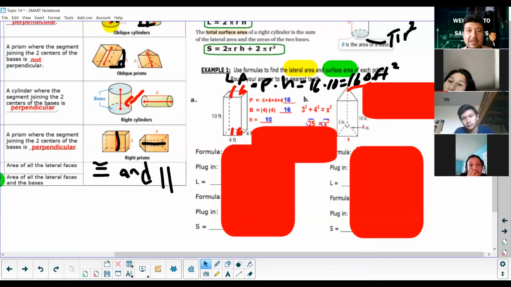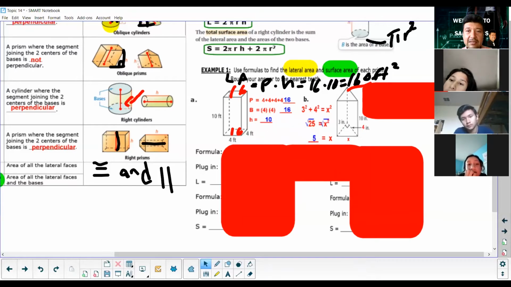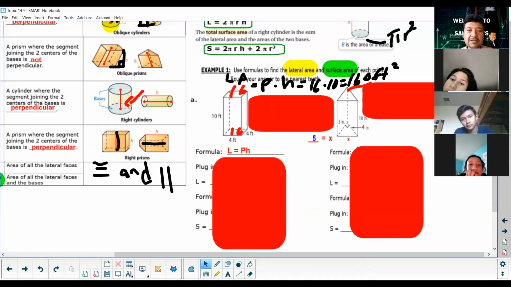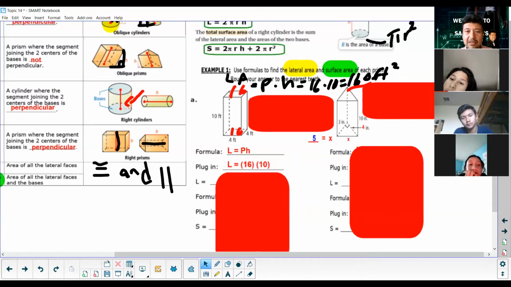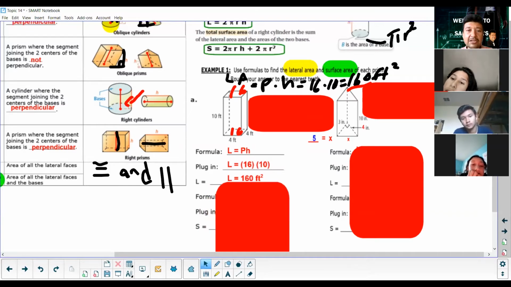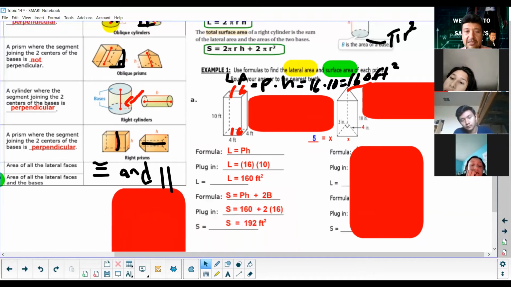So there's our formula. We did what we said, and we also came up with lateral. And then to get the total, we're going to add the 2 bases to it. So basically the 160 plus the 2 times 16, as you were saying, and we get 192. All right, good.